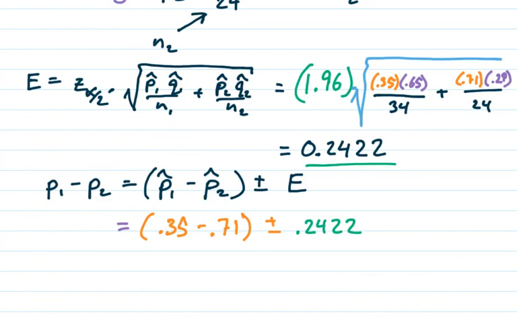So our confidence interval is found by saying our true difference of the proportions, P1 minus P2, is the sample difference, P1 hat minus P2 hat, plus or minus our margin of error. And so as we had found previously, this is 0.35 minus 0.71. That works out as negative 0.36. And then plus or minus 0.2422.